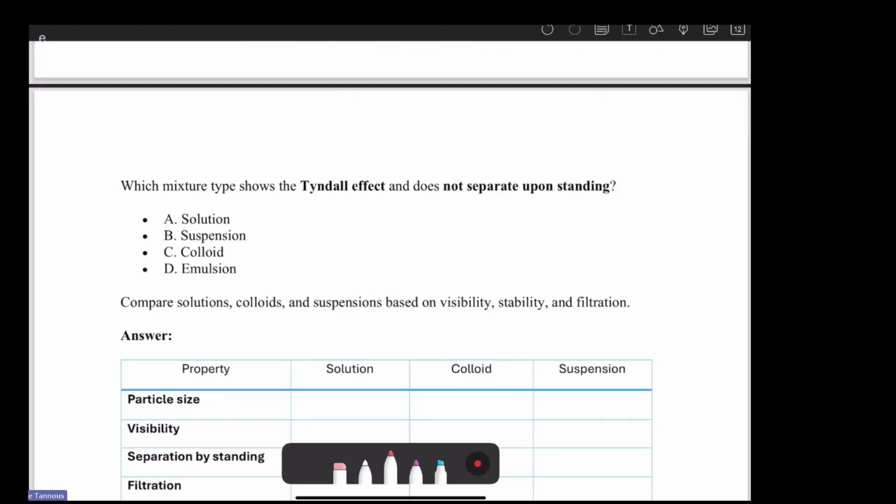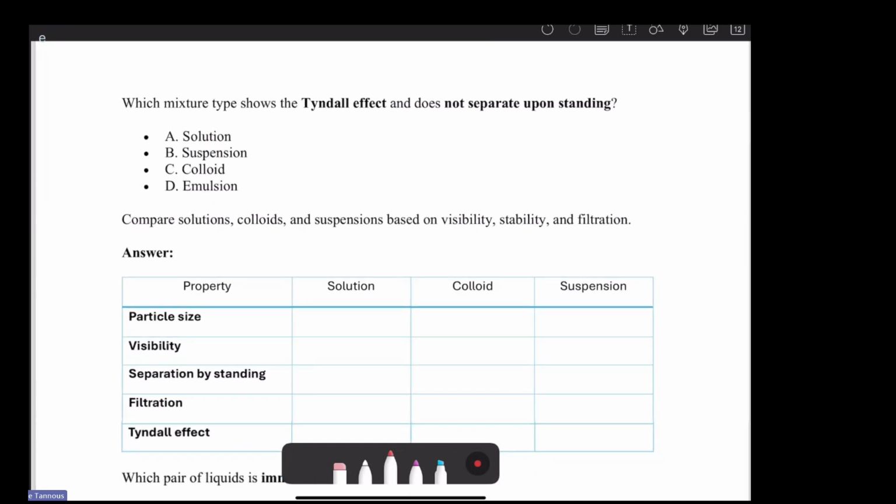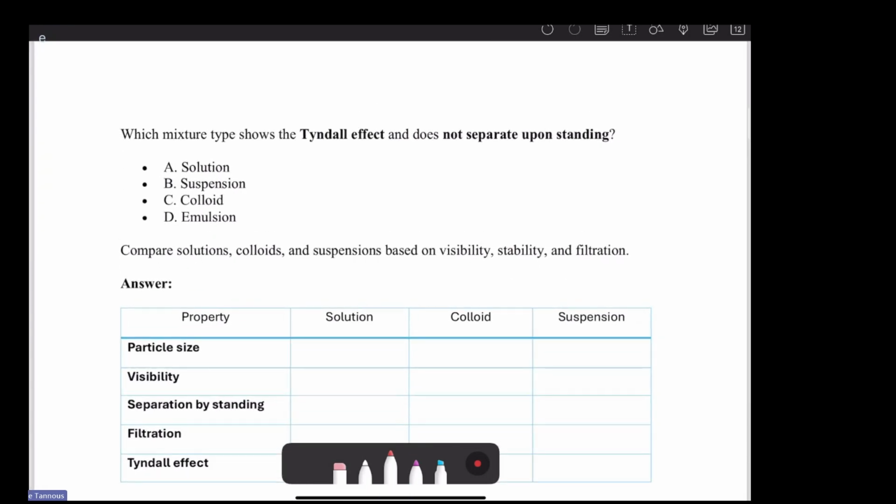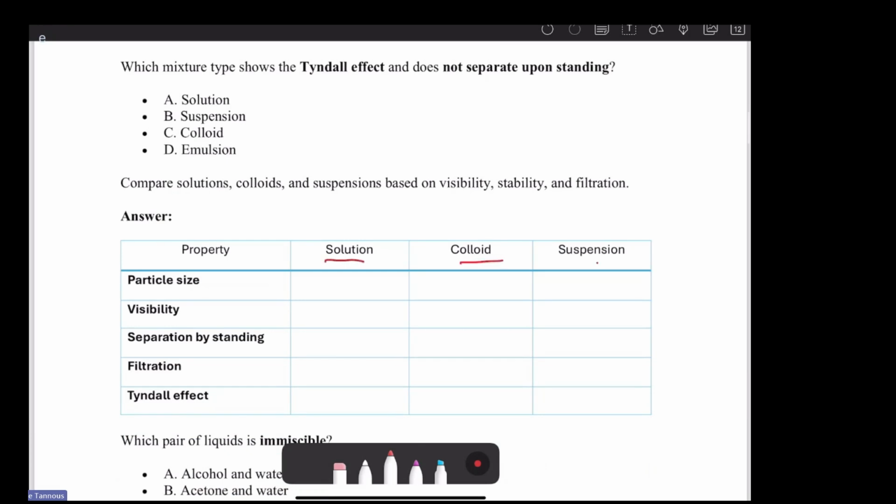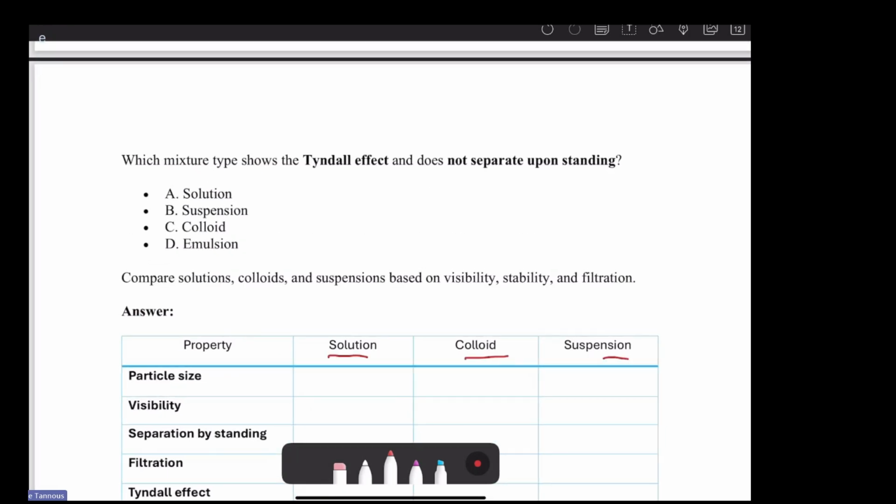Which mixture type shows the Tyndall effect and does not separate upon standing? Okay, here's the part where I will explain the difference between these three types of mixtures. Now, the Tyndall effect is a test that we do with light, where we direct a beam of light toward a mixture.